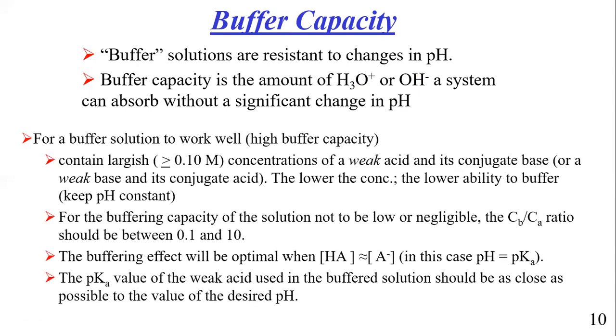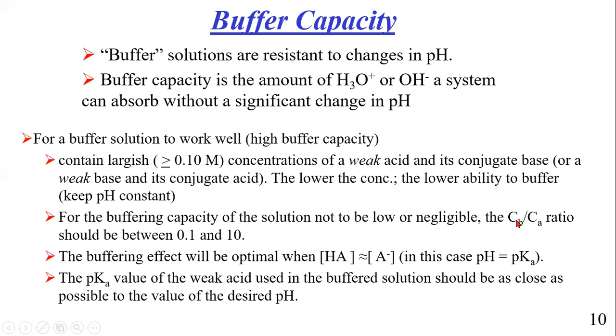As well, the concentrations to be a good buffer should be largish. Usually the acid and the base should be greater than 0.1 as a concentration. Lower concentrations can also keep the pH constant, but not to the best of their ability. So we get lower ability if you decrease this concentration.